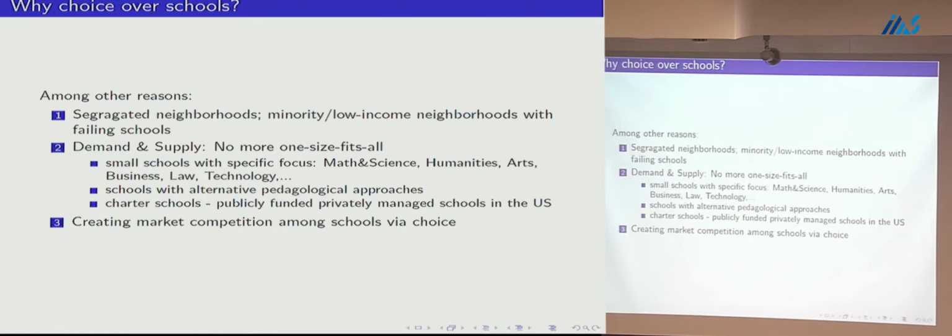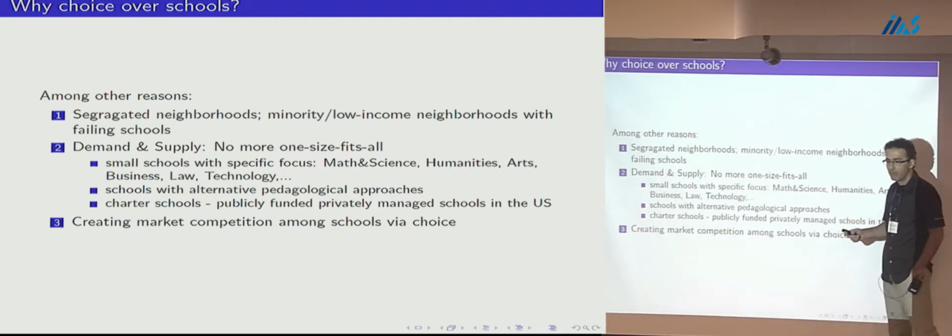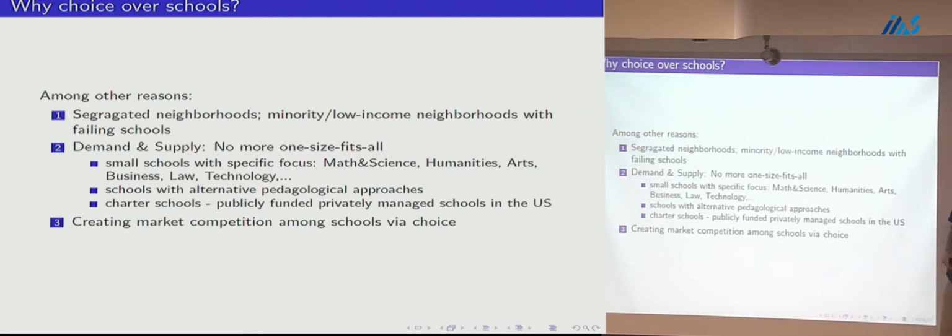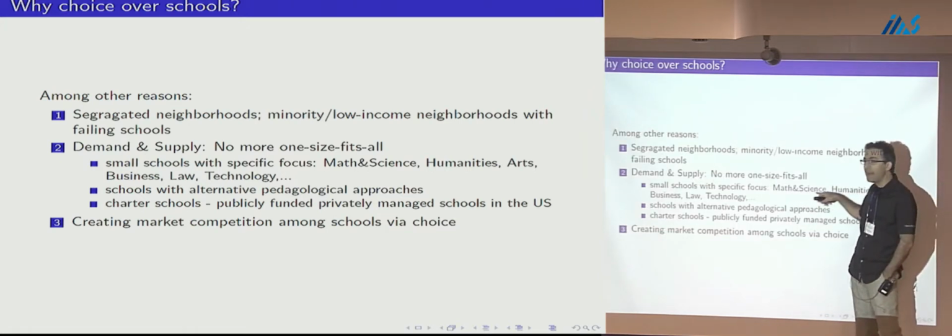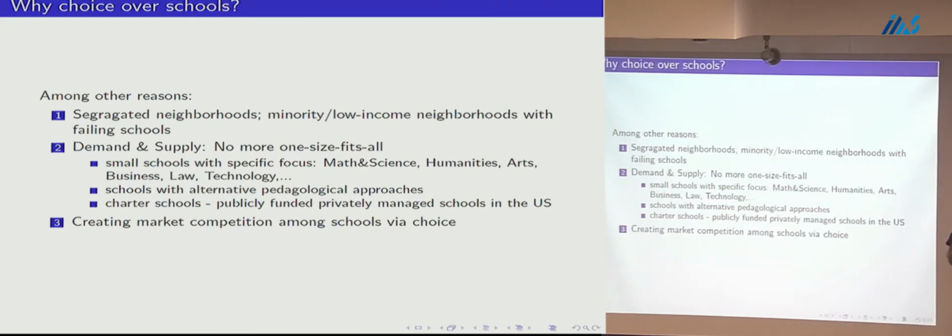Schools are getting smaller and smaller. They are specializing on certain topics. Some of them on math and science, some on humanities, some on arts. And in the past, you were able to select those courses in your large neighborhood school if you were living in a crowded urban district.